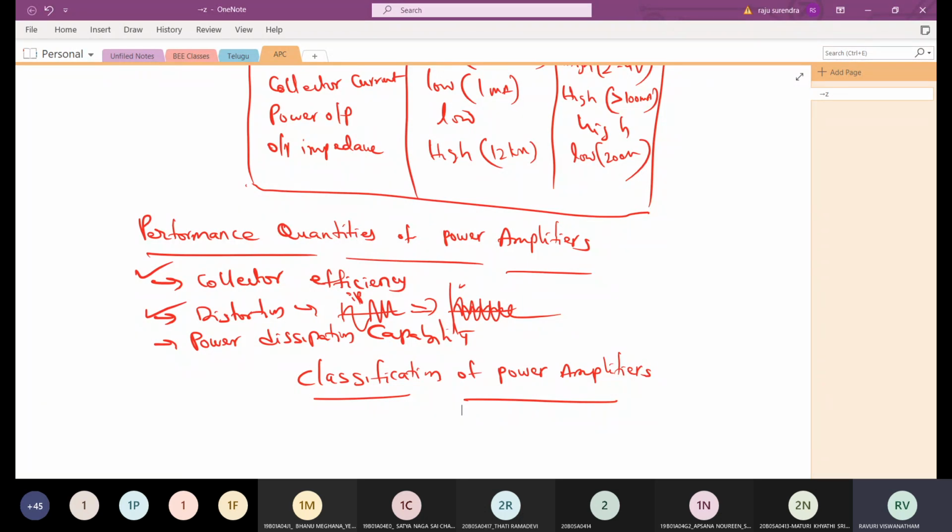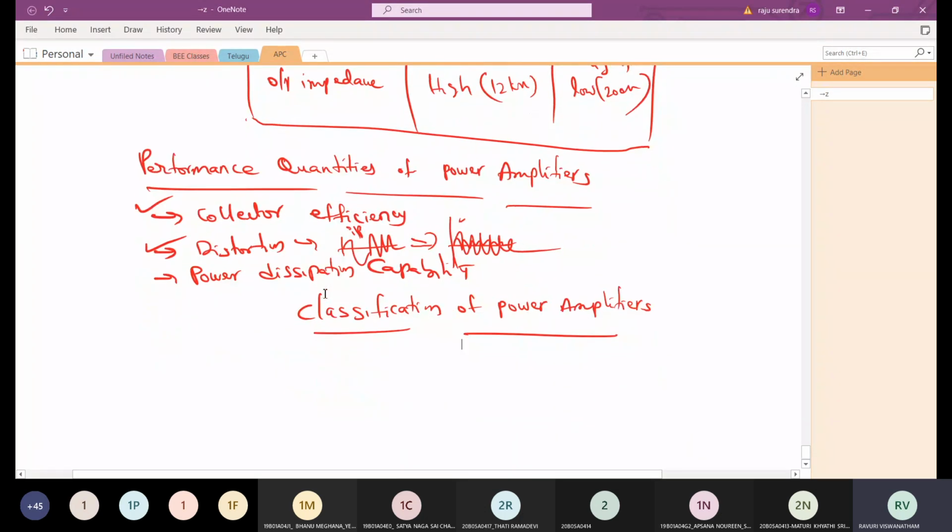Depending upon the mode of operation, or the collector current flow, we may classify the power amplifiers into 3 types. First one is class A power amplifier.